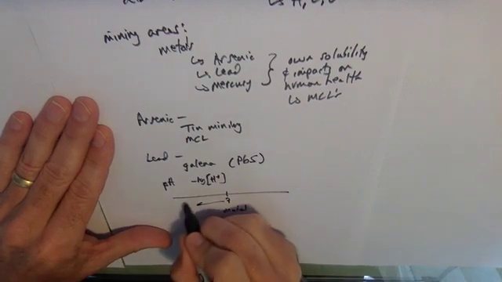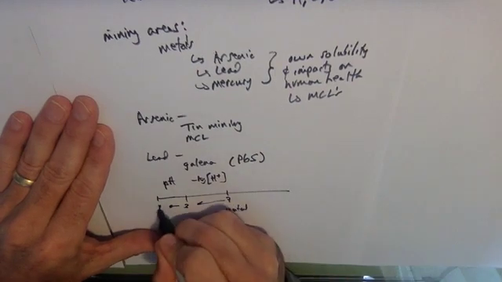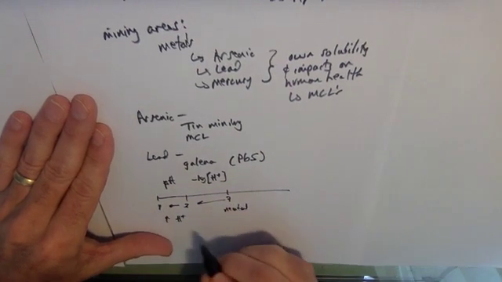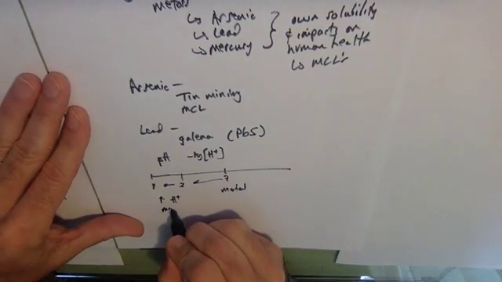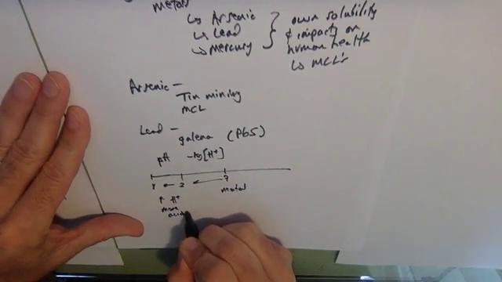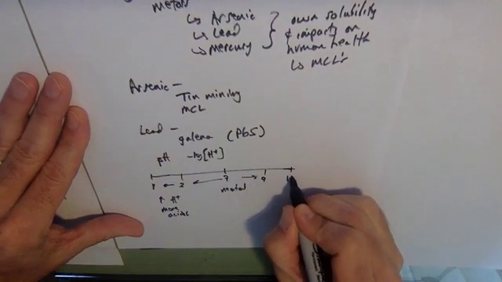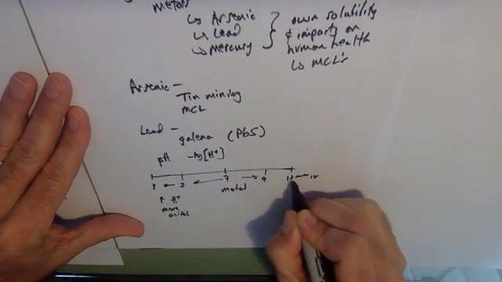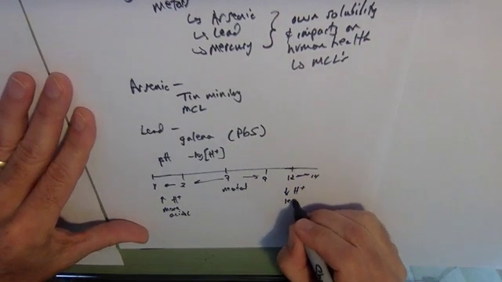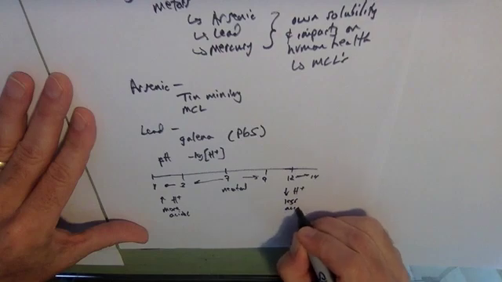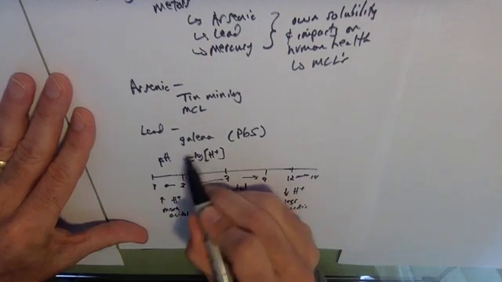As you go down closer to 3 and 1 and so forth, you are increasing the amount of hydrogen ions in solution and therefore making it more acidic. And as you move this way to 9 and 12 and 14 and so forth, you are decreasing the hydrogen ion concentration, therefore you're making it less acidic. It's a little bit weird. It has to do with the fact that this is a log scale and the fact that it's negative.